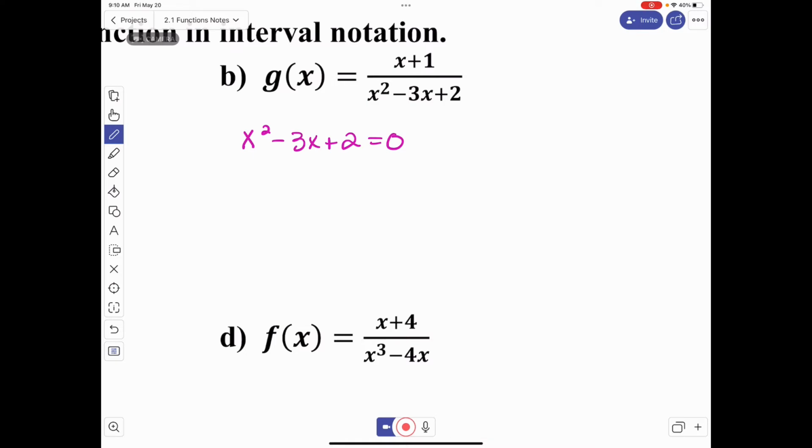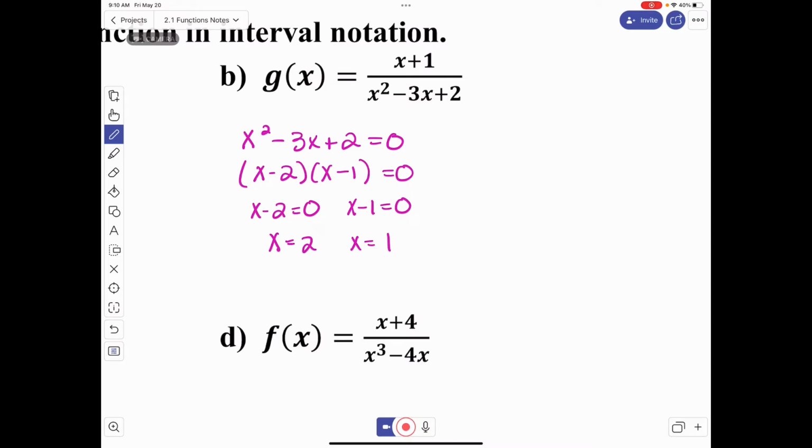So I'm going to factor this. Two numbers that multiply to be 2 and add to be negative 3 are negative 2 and negative 1. And remember, when we set each equal to 0, we'll get x equals 2 and x equals 1.